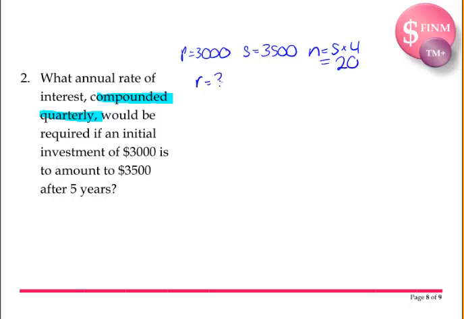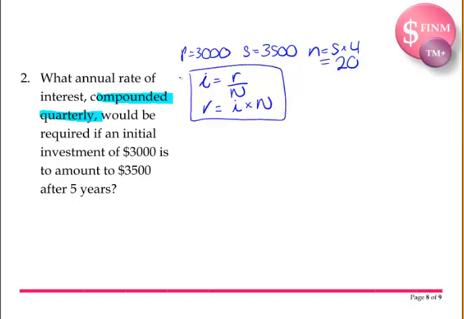My interest rate I don't know. Normally our i is going to be our interest rate divided by the number of periods, isn't it? So we have to remember that our r is going to be whatever our i ends up, times by 4. We're going to have to remember that at the end.